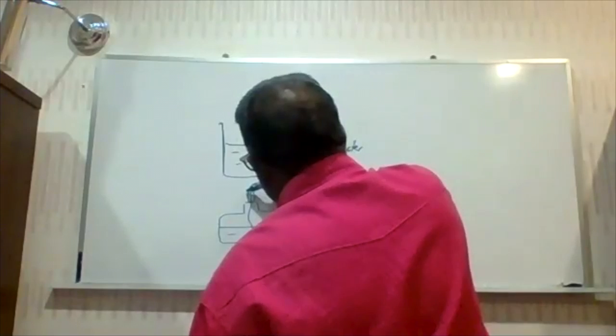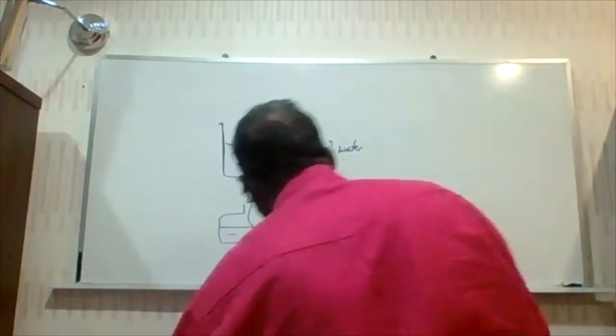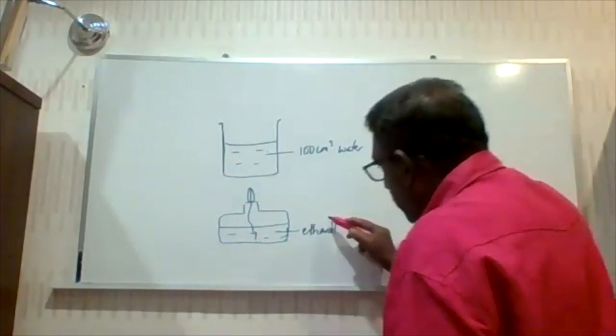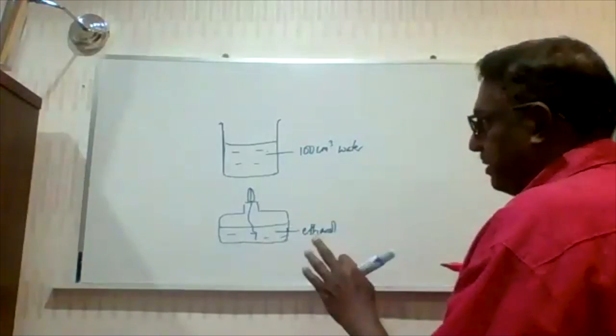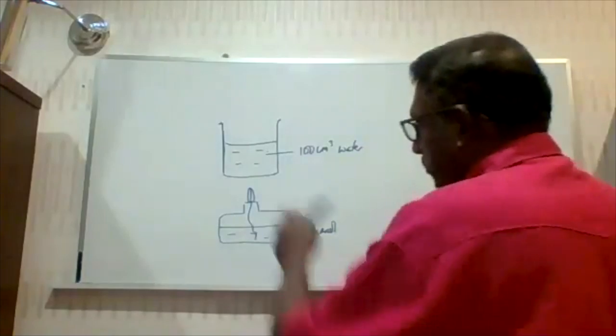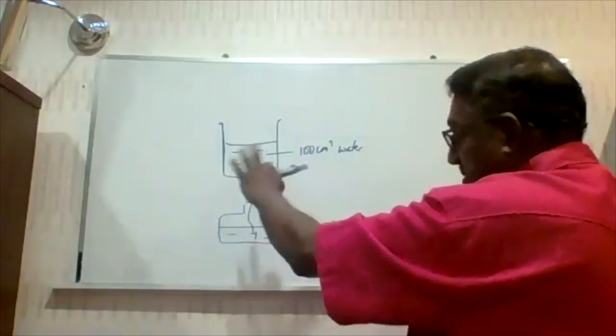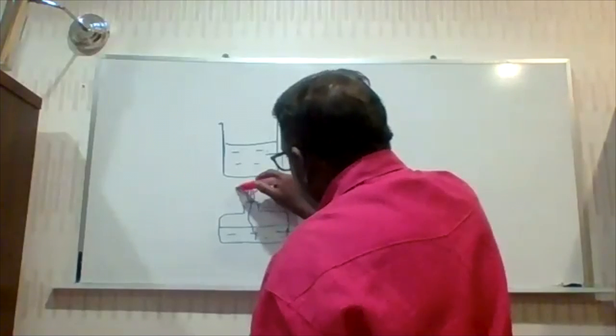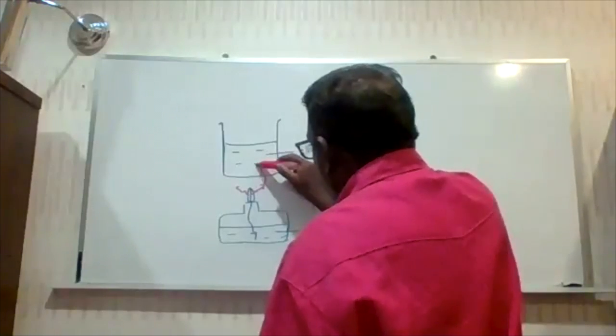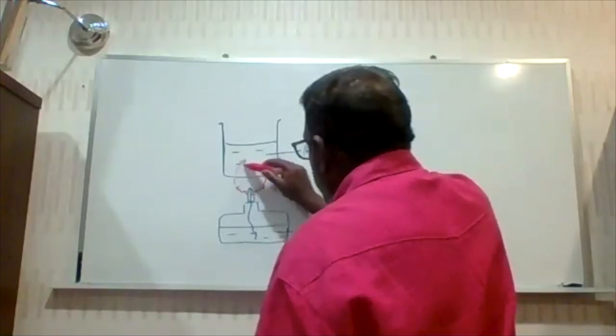The concept here is we want to find the amount of heat released by ethanol, but we do not have any other method. Of course, I did not draw the tripod stand and all that, just to give you the concept. The heat released during the burning of the ethanol, we expect everything to be absorbed by water.